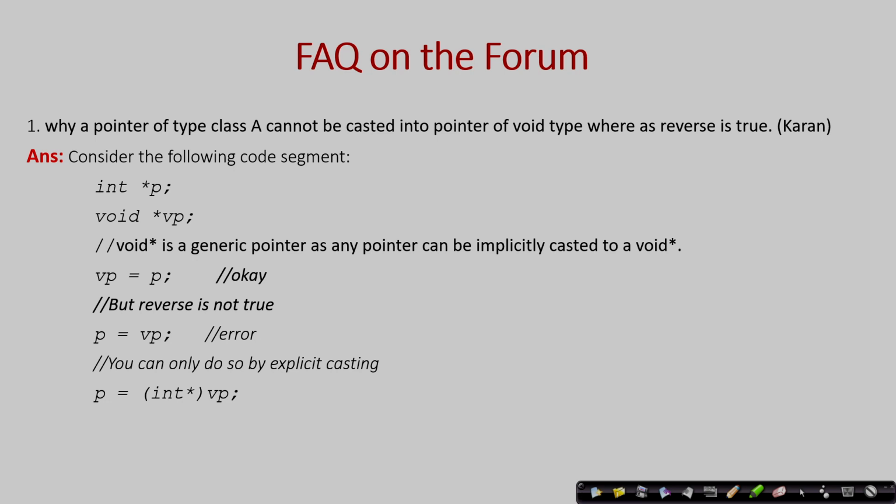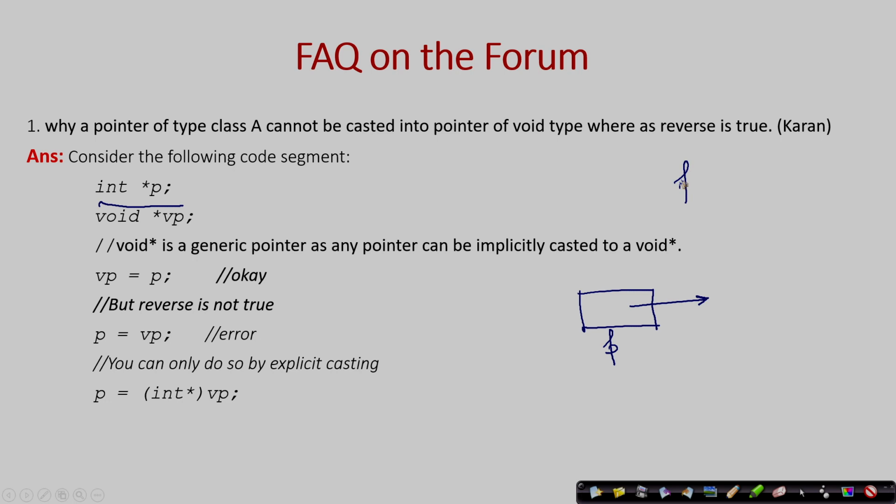If I may draw, let me just try to draw this. Here I have given int star p. So, basically I have a pointer p, it will point somewhere. Right now it is dangling.